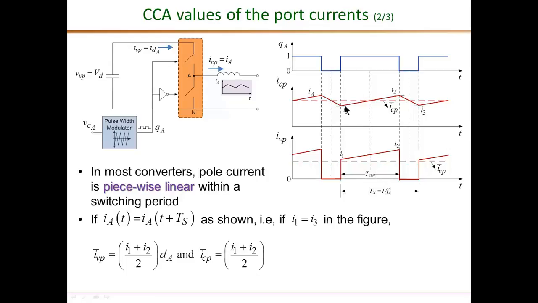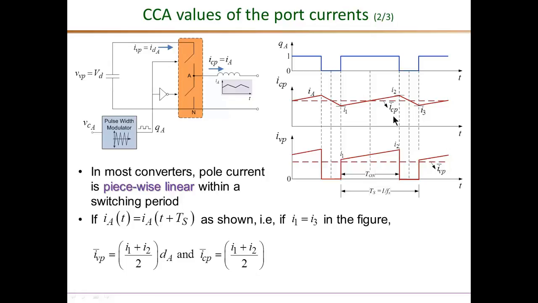I define the value of the inductor current at the start of the cycle as I1, its peak value, which happens at the end of the on interval, as I2, and its value at the end of the complete period, or at the beginning of the next cycle, as I3.